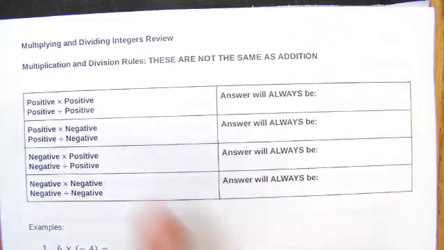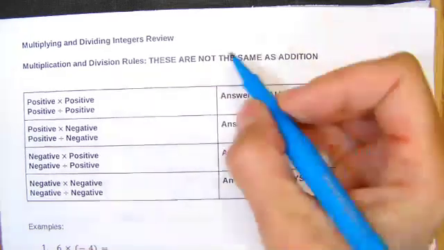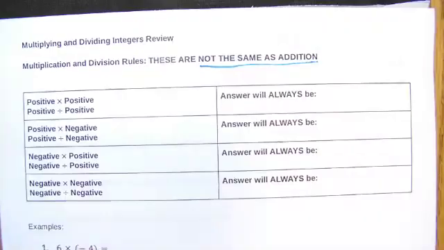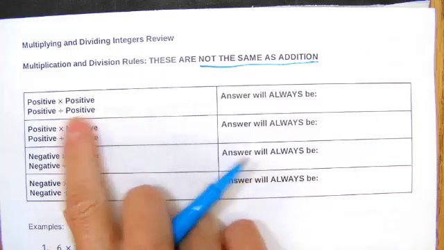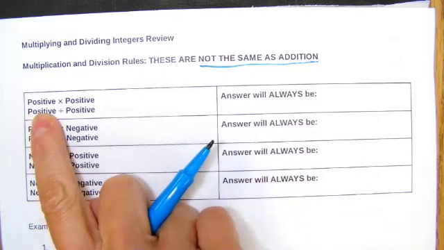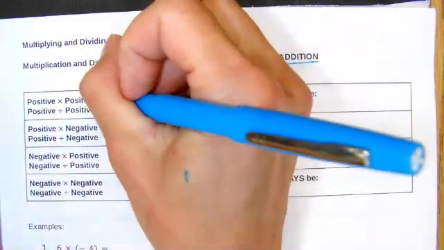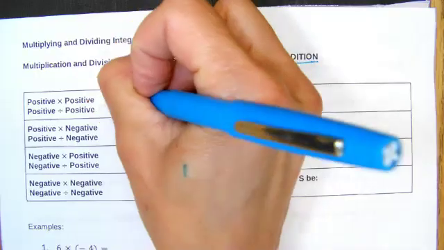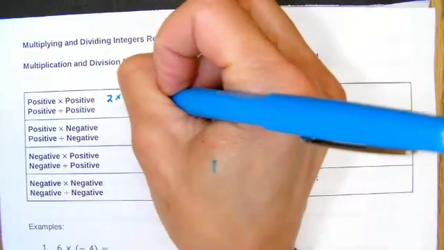All right, let's talk about this. Multiplication and division rules are not the same as addition. They are not the same. Underline that. Multiplication and division have different rules. A positive times a positive, for example positive 2 times positive 5, you learned a long time ago, you get positive 10.